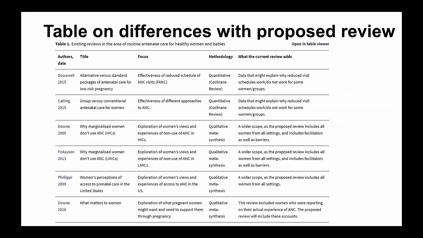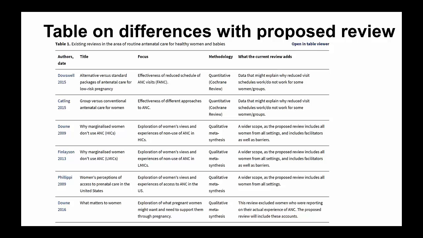This is an example of a table that was actually published as part of a review. I think that if they work on a table, they could consider publishing it, depending on how many related reviews are out there. In this case, what the authors did in their intro is they tried to show, okay, here are the other reviews that are out there.